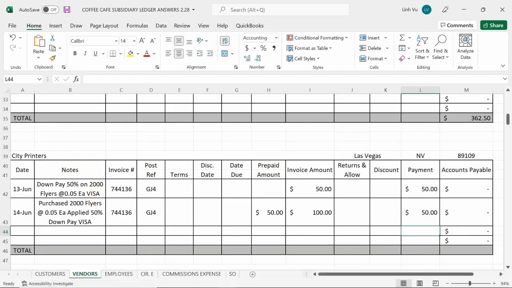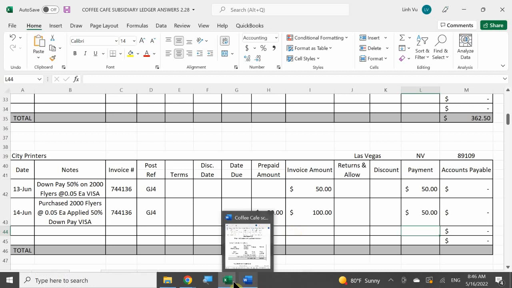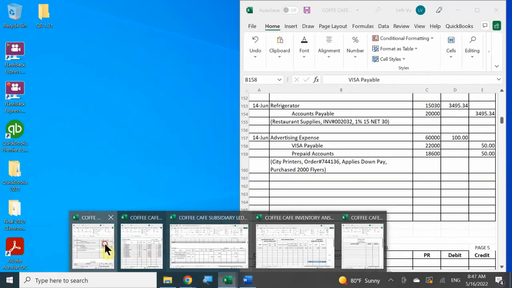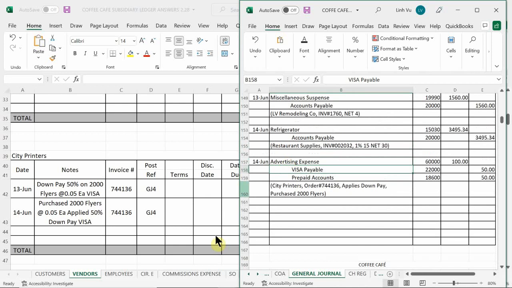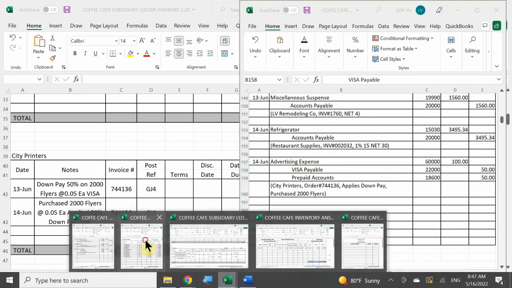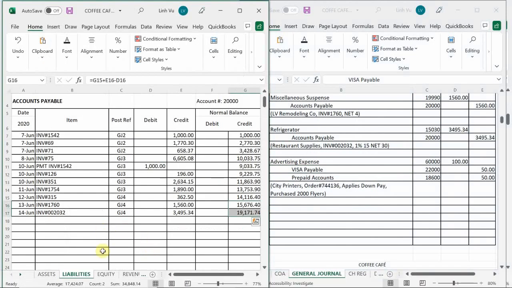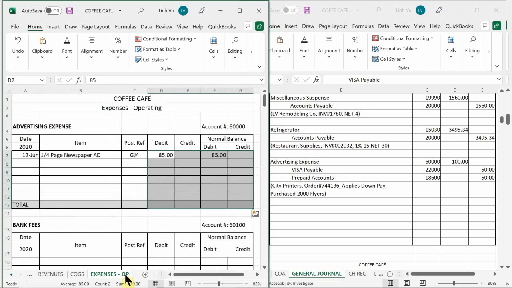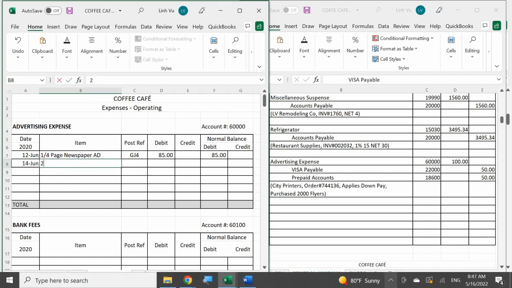Since we already did the subsidiary ledger, we could go ahead and skip that next time. But we did the journal, so we have all the information. We need to plug it into our ledger now. So we have advertising expense. We purchased 2,000 flyers at 5 cents each.